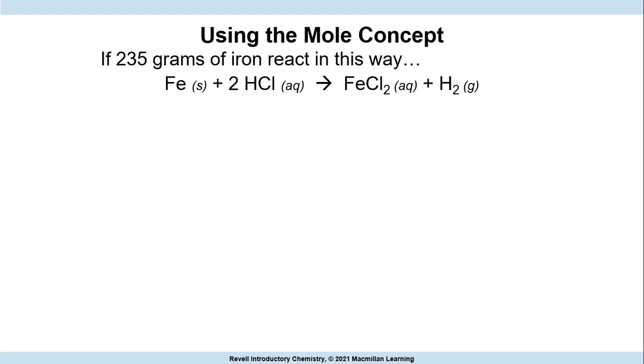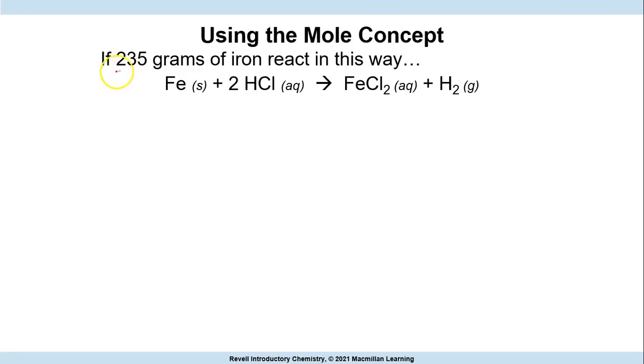If 235 grams of iron react in this way, so this is the balanced equation, 1 mole of iron reacting with 2 moles of hydrochloric acid to give us 1 mole of iron(II) chloride plus 1 mole of hydrogen gas. So in the balanced equation, we have the mole ratios, and we are going to be using the mole ratios to calculate the moles of other species in this reaction.